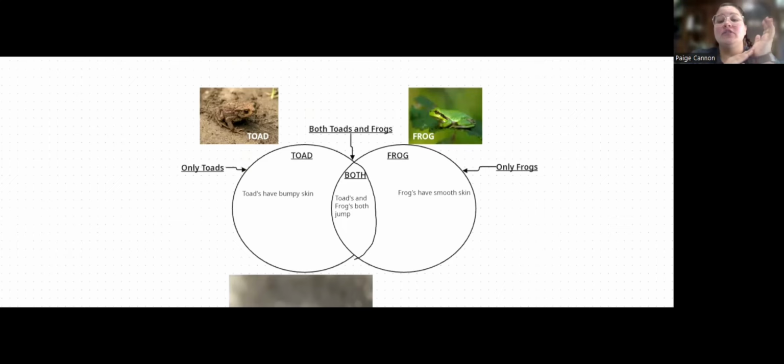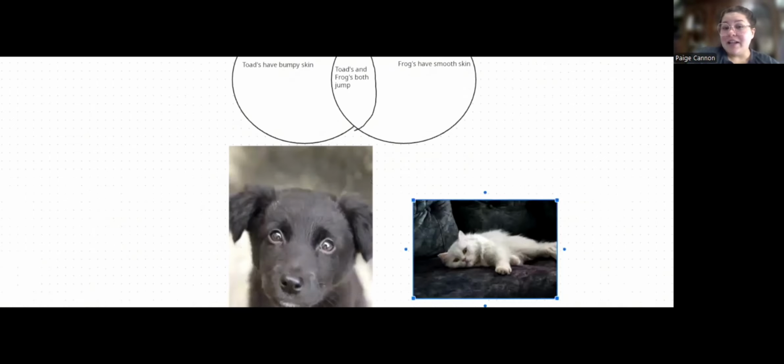So each side is going to have what is only that animal. And then in the middle, you're going to put something that is the same. Now you only need to do one or two facts for each area. So one or two facts of a dog, one or two facts of a cat, and then one or two facts of things that make them the same. And you're going to have about 15 minutes to work with your partner to think of some really good ideas.